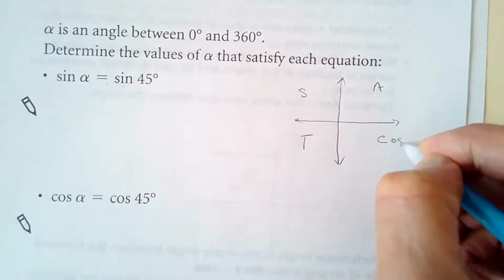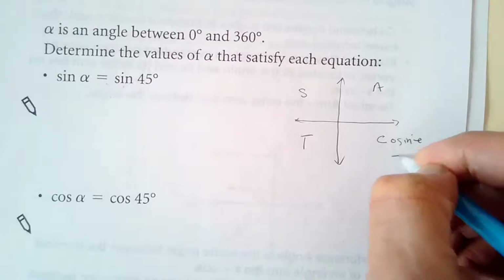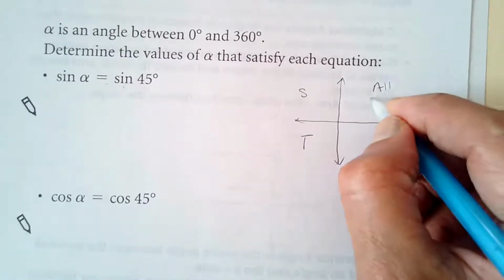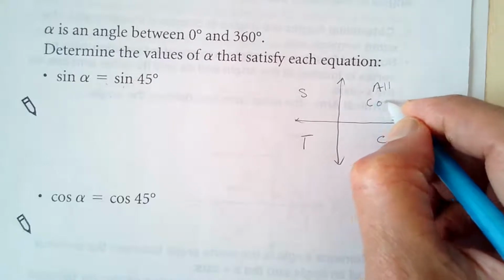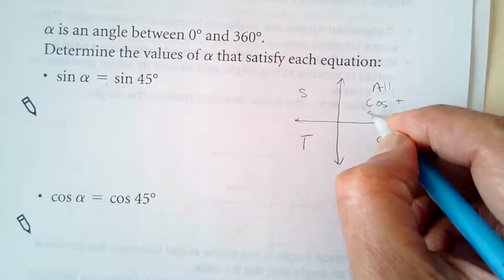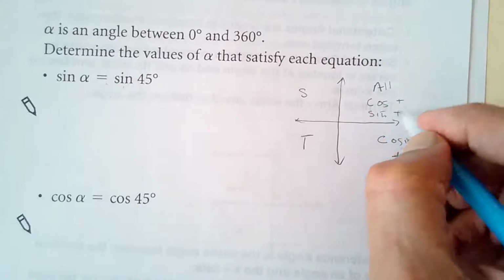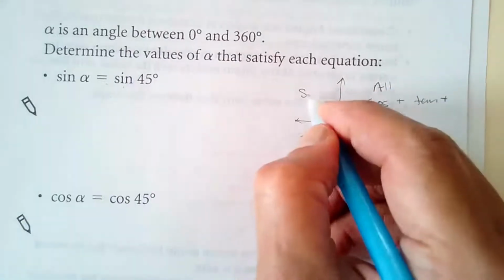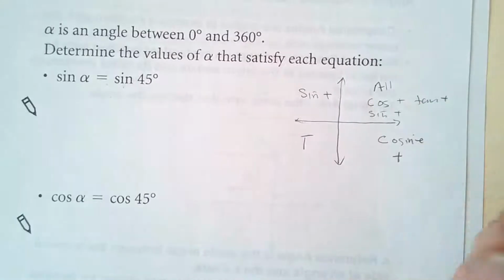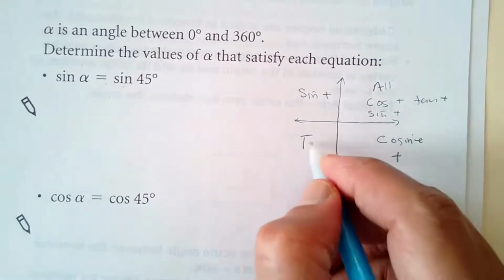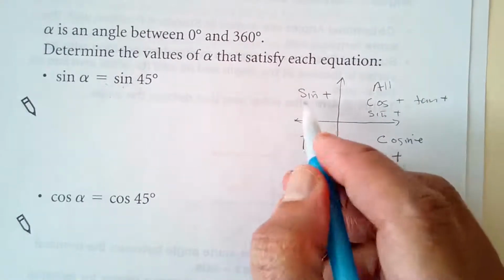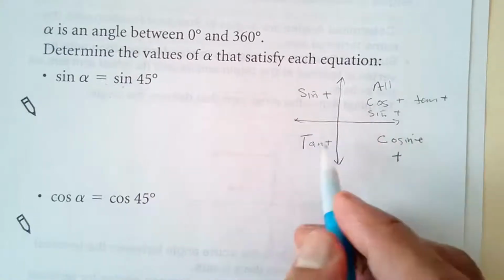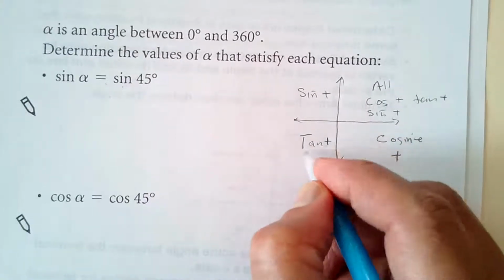In quadrant 1, all of the trig ratios are positive. In quadrant 2, only sine is positive; cosine and tangent are negative. In quadrant 3, tangent is positive. In quadrant 4, cosine is positive; sine and tangent are negative.